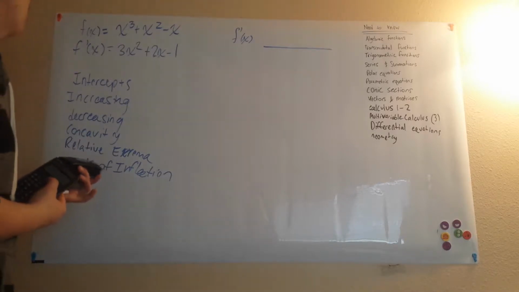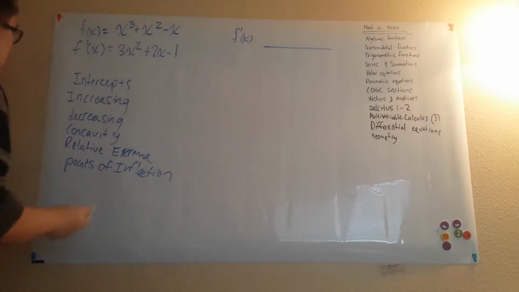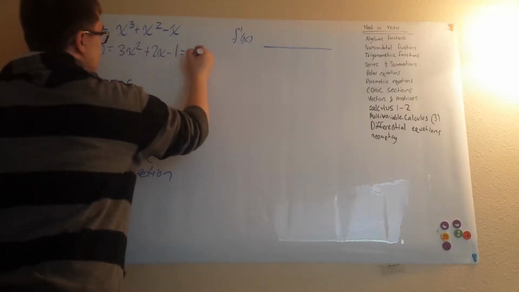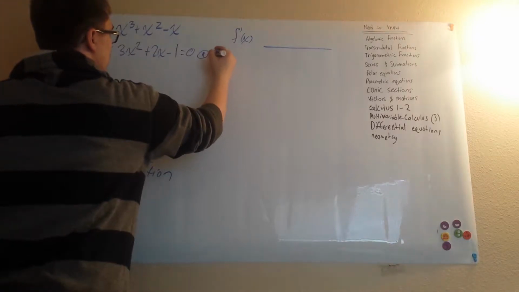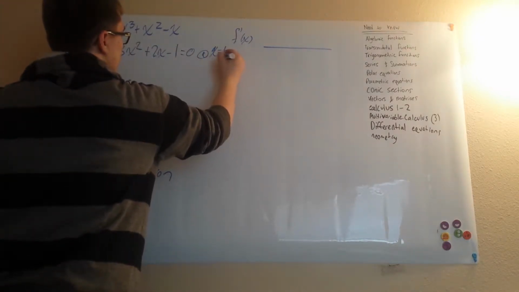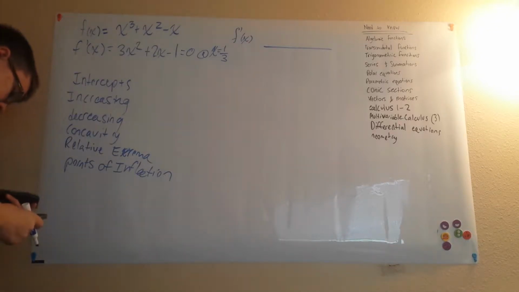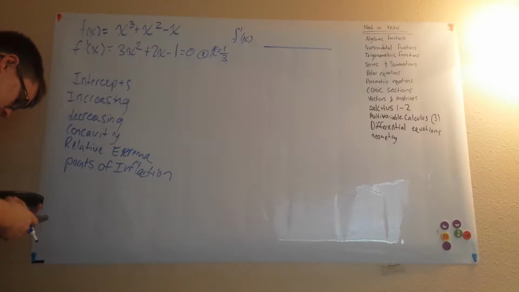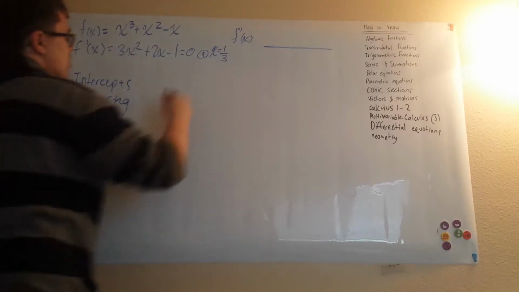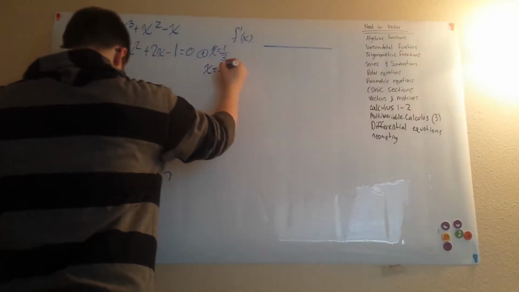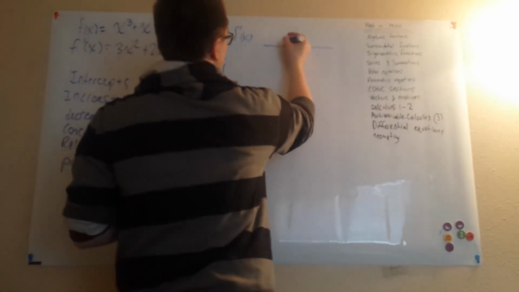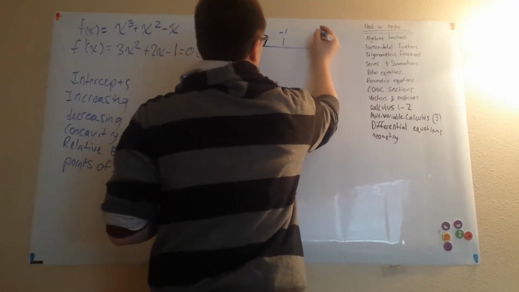So this equals 0 at x equals 1/3, not x-intercept, sorry, critical numbers. So x equals 1/3 and x equals -1. So our critical numbers are -1 and 1/3.